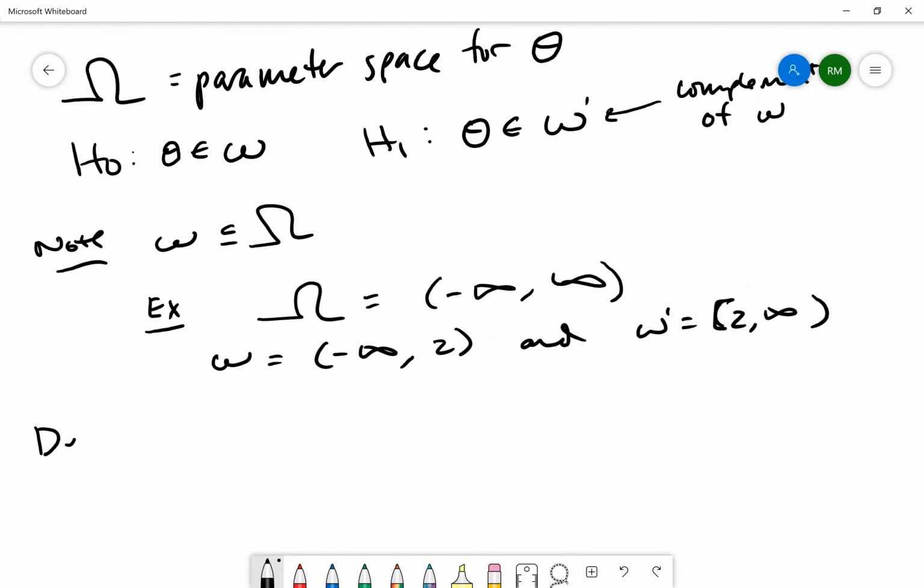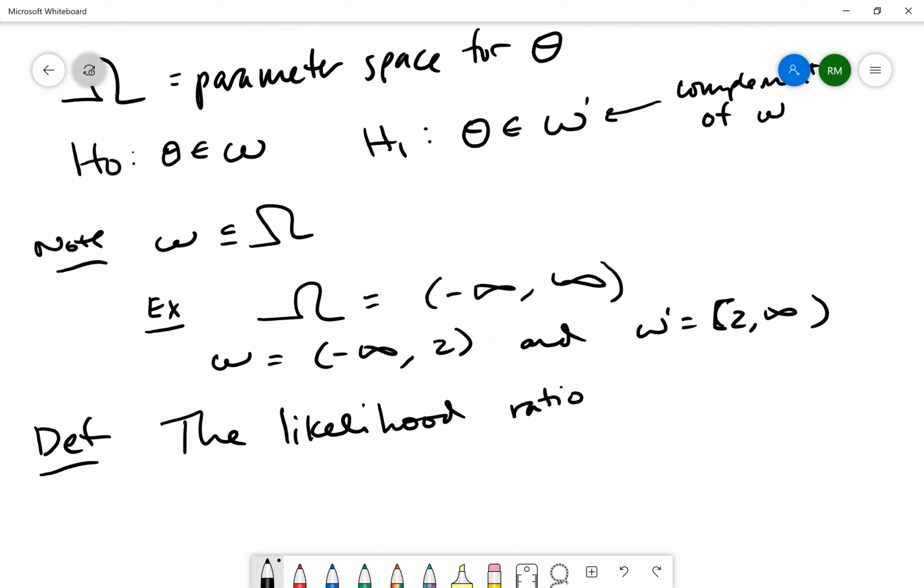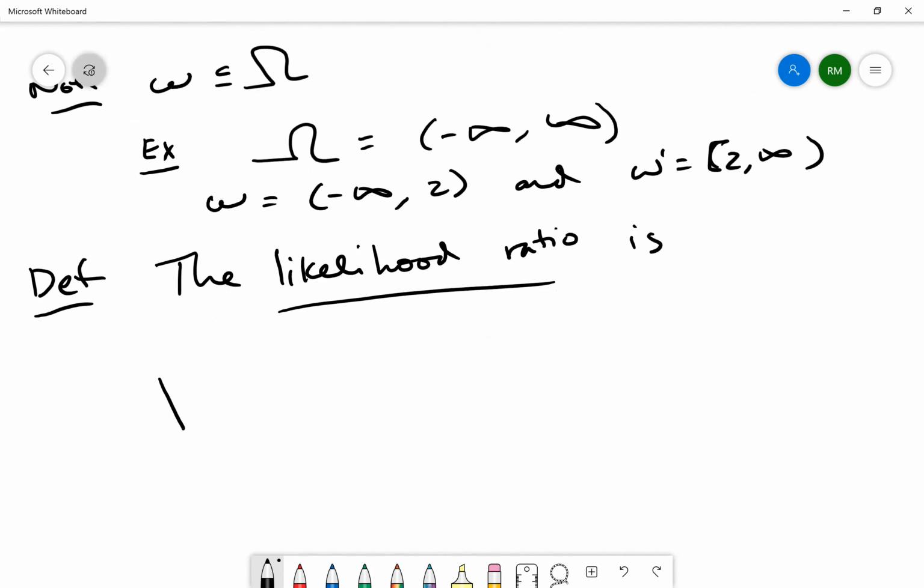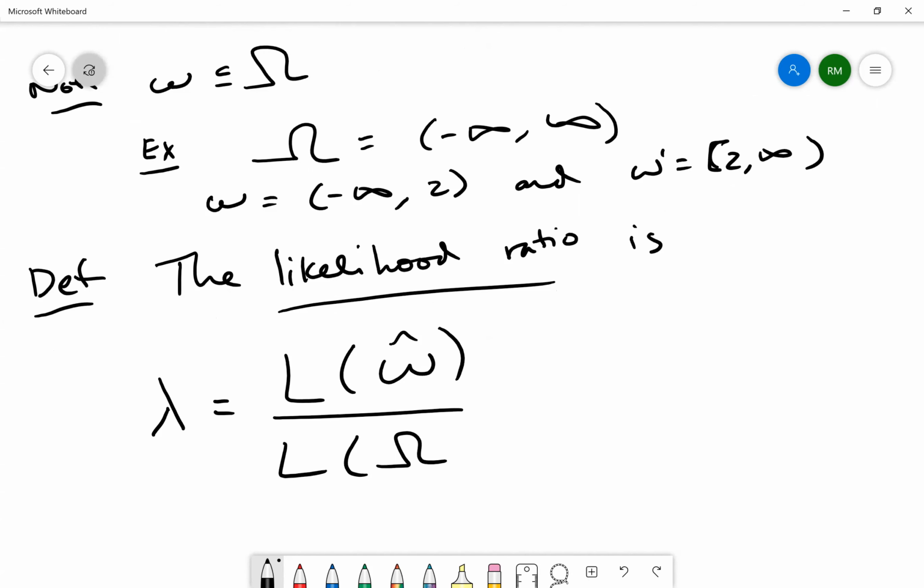Okay, so we need to define something today called the likelihood ratio. This is going to extend our idea from Neyman Pearson. And the likelihood ratio is lambda equals L of omega hat over L of big omega hat. And you're probably wondering, what the heck are these things? Do you remember when we calculated maximum likelihood estimators way back towards the beginning of the class? Well, they're making a reappearance today.